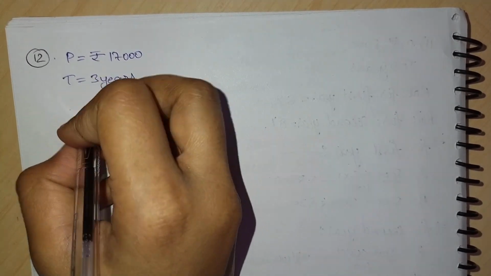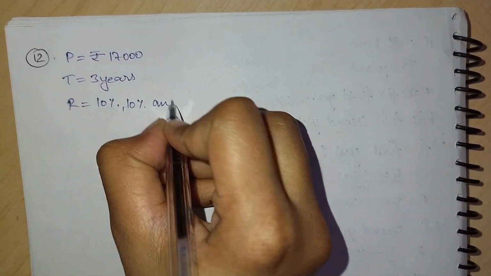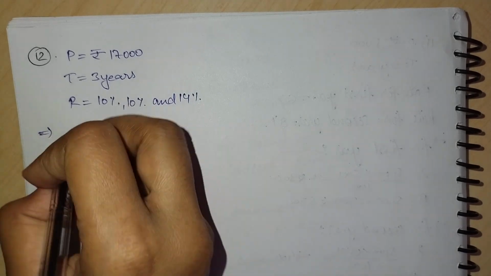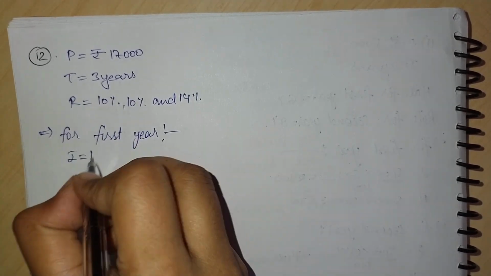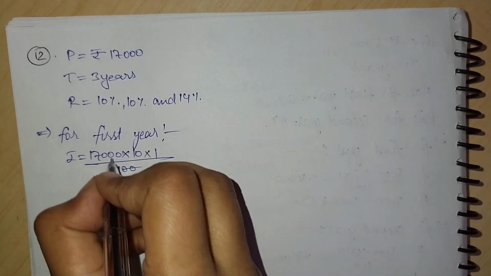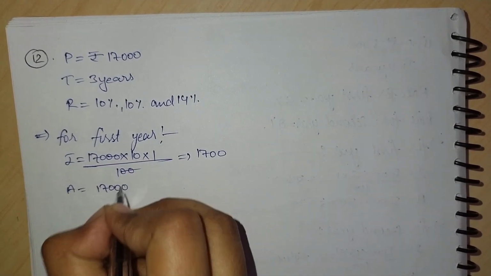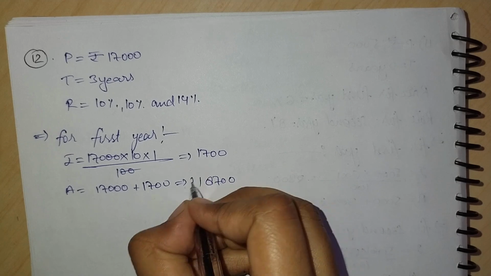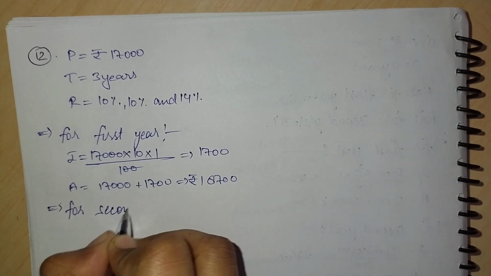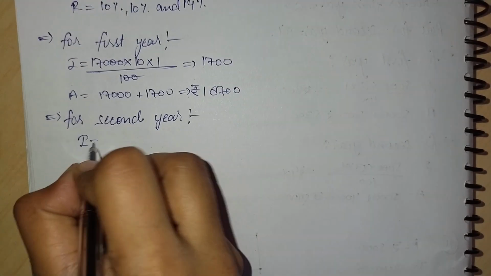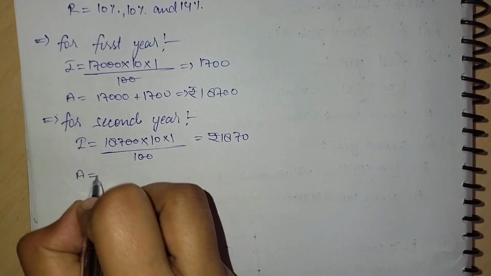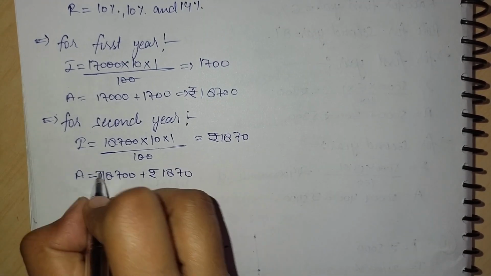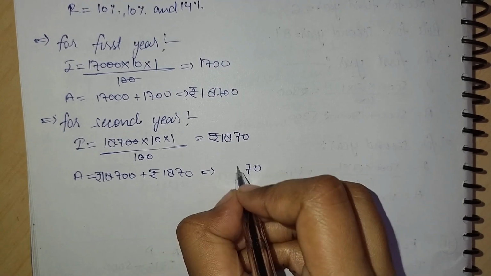Now the 12th part is calculate the amount and the compound interest on rupees 17,000 in 3 years when the rate of interest for successive years is 10%, 10% and 14% respectively. For first year we will find the interest equal to rupees 1,700 on calculating. Now for second year we will get interest equal to rupees 1,870, amount is equal to 18,700 plus 1,870 equal to 20,570.